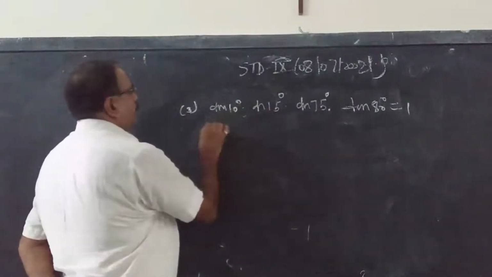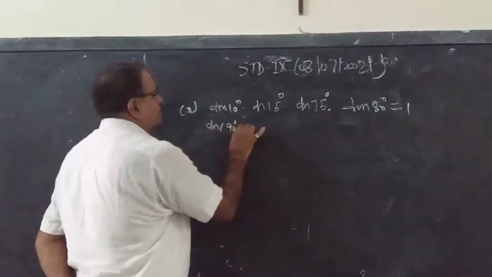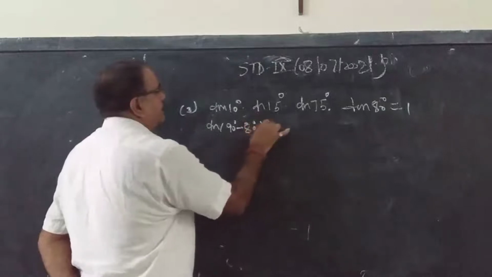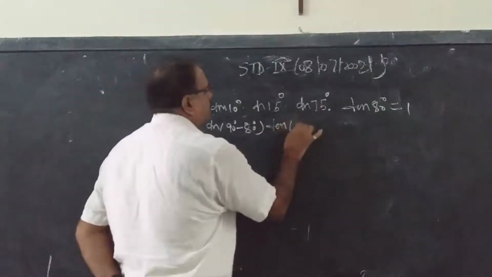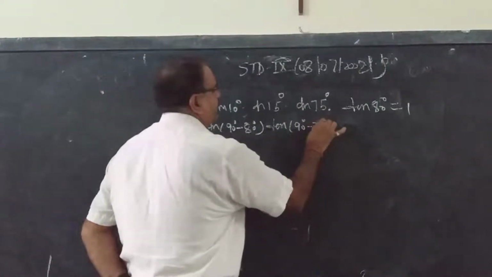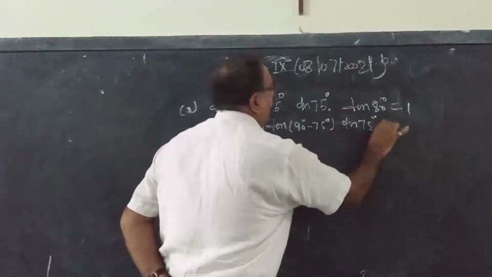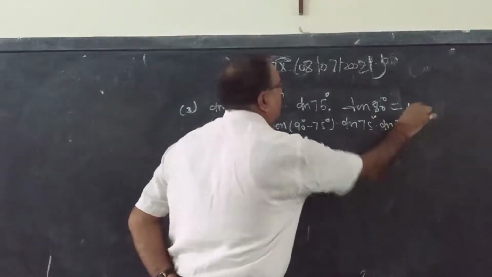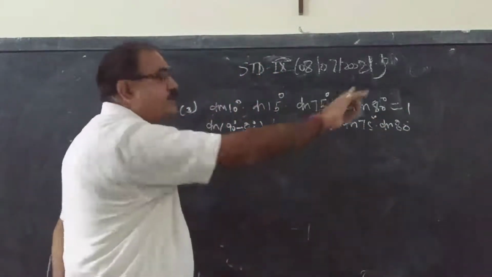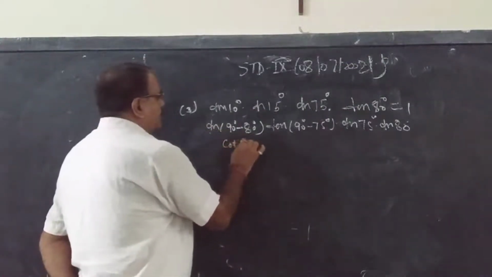If we convert tan 10, how much do we subtract from 90 so that it becomes 10? 80 degree. And tan 15, how much from 90 degree so that it becomes 15? 75 degree. And leave the tan 75 degree into tan 80 degree. We have to prove it equals 1, so don't write equal to 1. Now tan of 90 minus theta, got it.